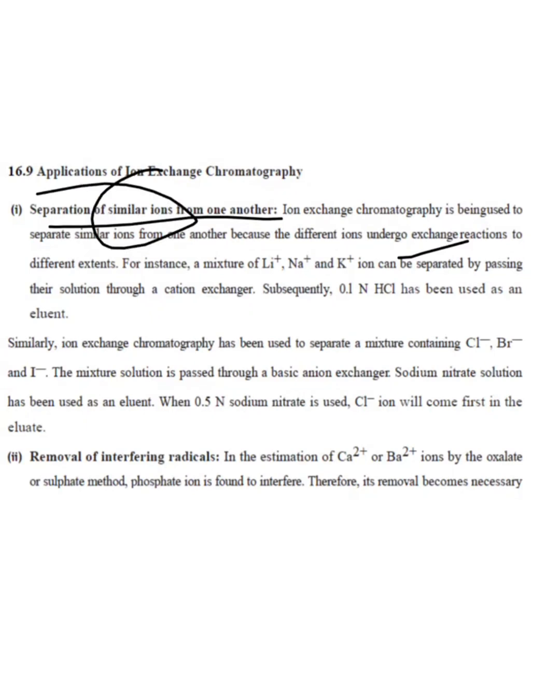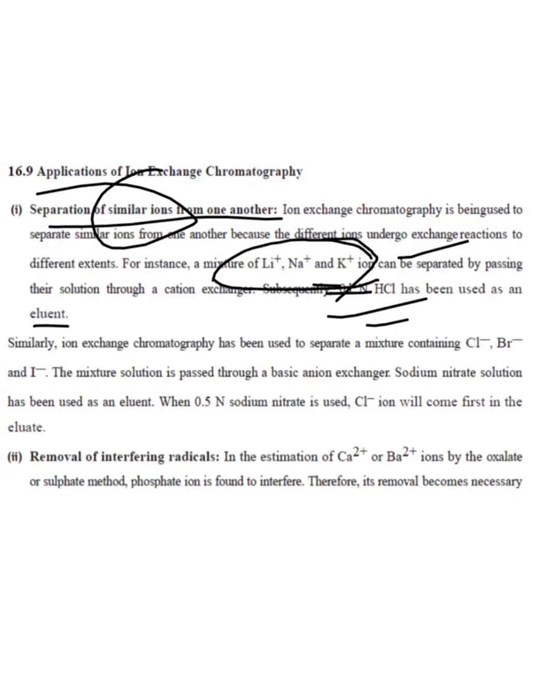For example, taking lithium, sodium and potash, the ions can be separated by passing the solution using HCl. The main concept is acid-base, so HCl is used as an eluent. In ion exchange chromatography, it has been used to separate mixtures of lithium, sodium and potash.